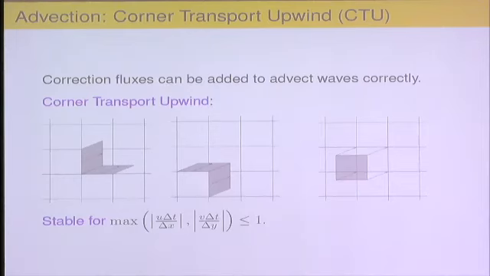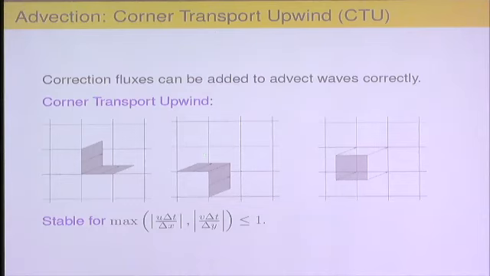And you can view it in the wave propagation form. You can view it as taking the jump between these two cells and looking at that wave as propagating not simply to the right, but actually upwards as well, because there's a vertical velocity v that's non-zero. And whatever jump you have down here is propagating to the right as well as upwards. And similarly at this edge down here, we have a wave that's propagating to the right and upwards.